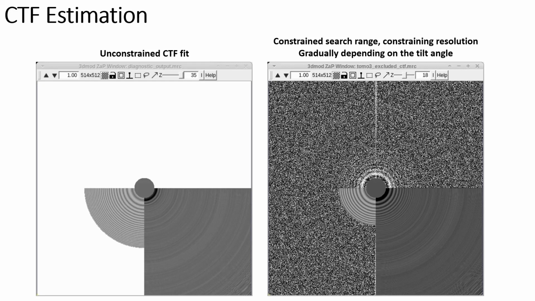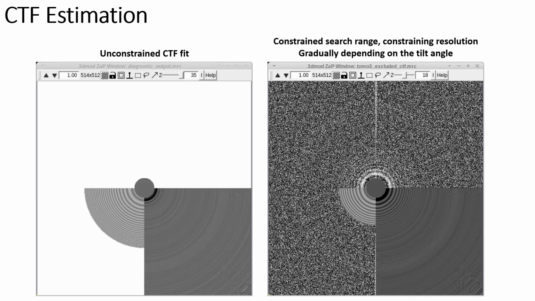To avoid this, we can constrain our defocus fit. We very precisely estimate the defocus at 0 tilt, and then as we increment through our tilt series, we restrict the range in which the defocus should be searched.